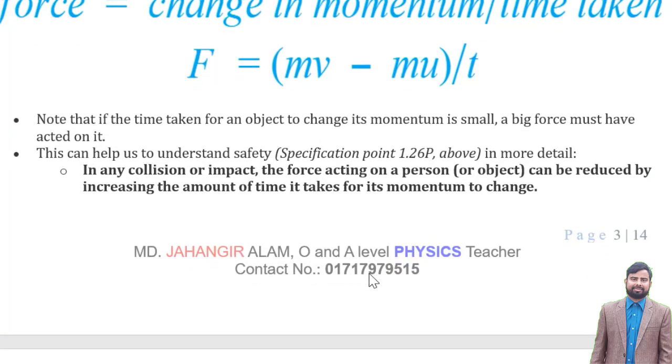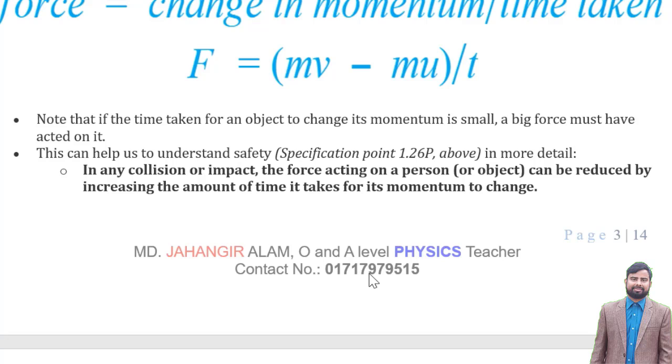Remember, in mv minus mu, the change in momentum is the numerator and the time taken is the denominator. So if the denominator is less, then the force will be more.